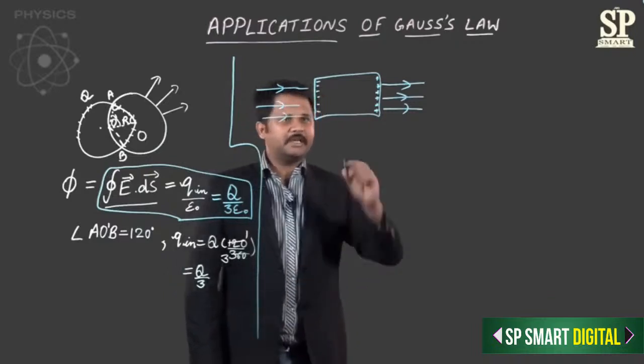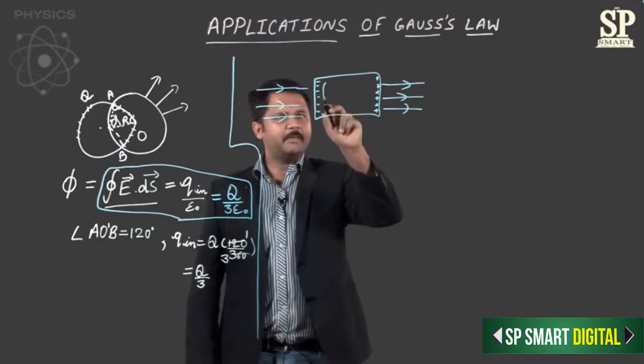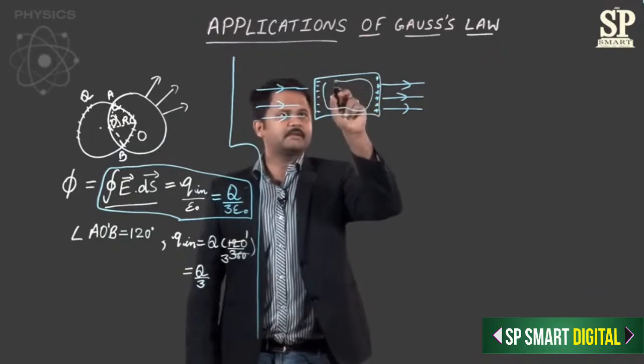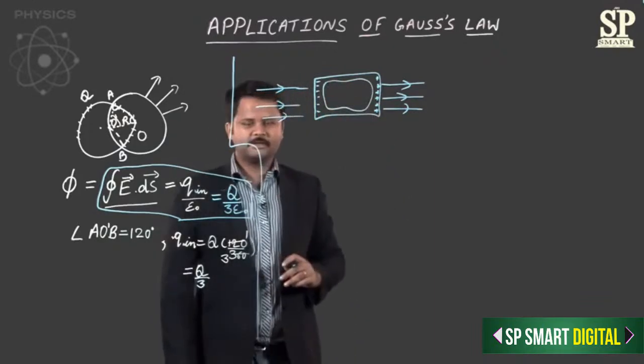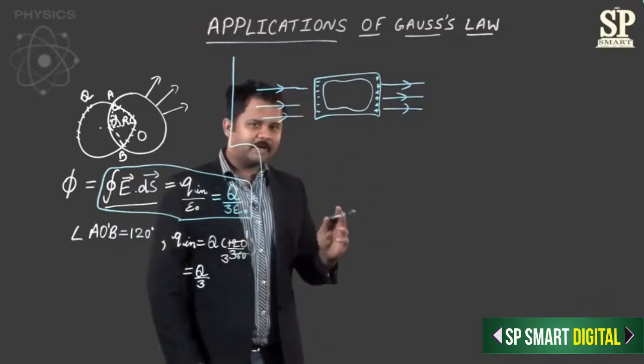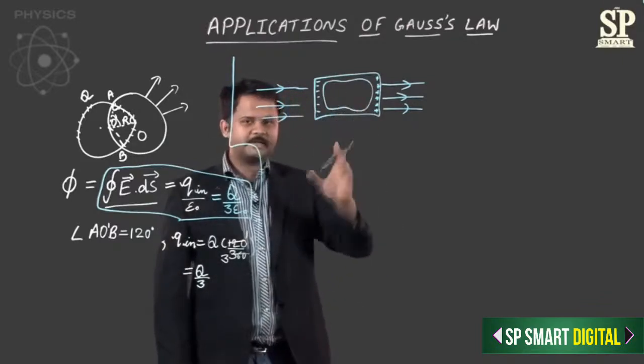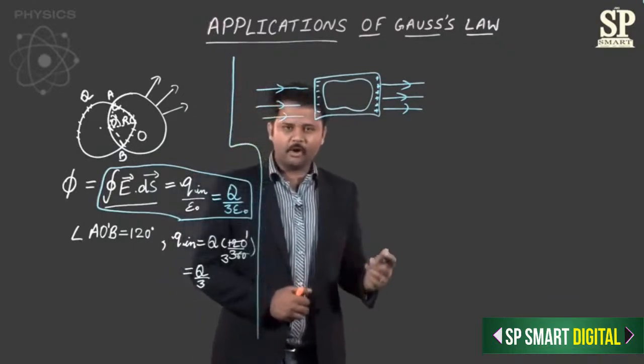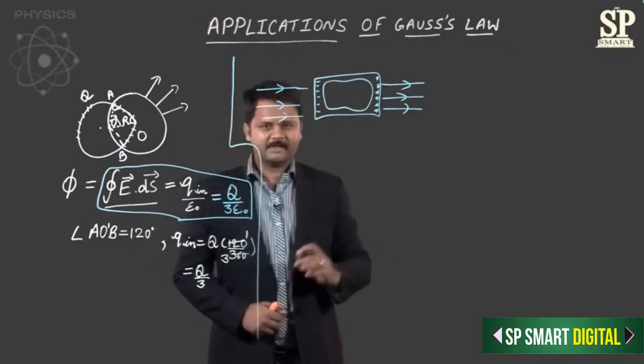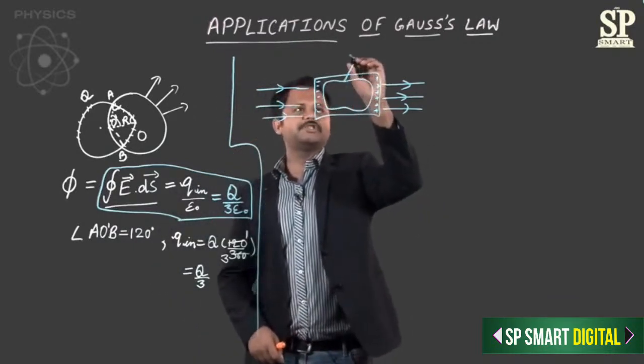So based on that logic, let's say I take any arbitrary surface. Let's say this is a closed surface. From now on, whenever we take these closed surfaces, in order to apply the Gauss law, we will call them by a special name known as Gaussian surfaces.